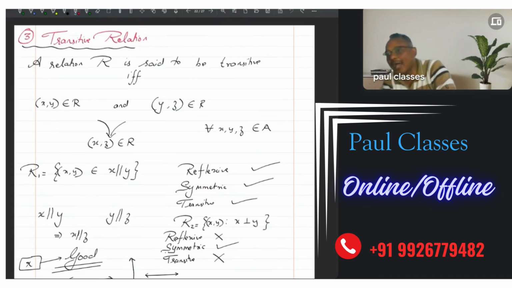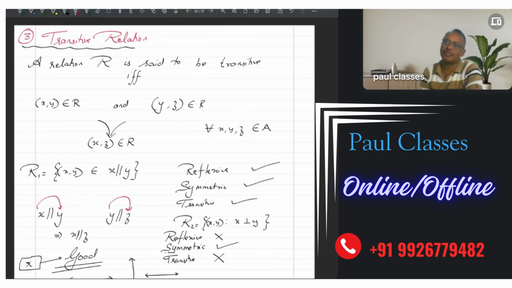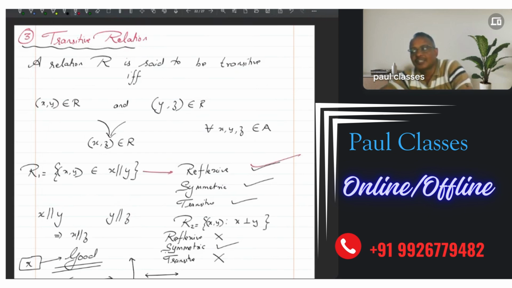I take the parallel lines case. Suppose X and Y are parallel to each other, and Y and Z are also parallel to each other. Very naturally, X and Z will also be parallel. So I'll say this particular relation is reflexive also, symmetric also, transitive also.